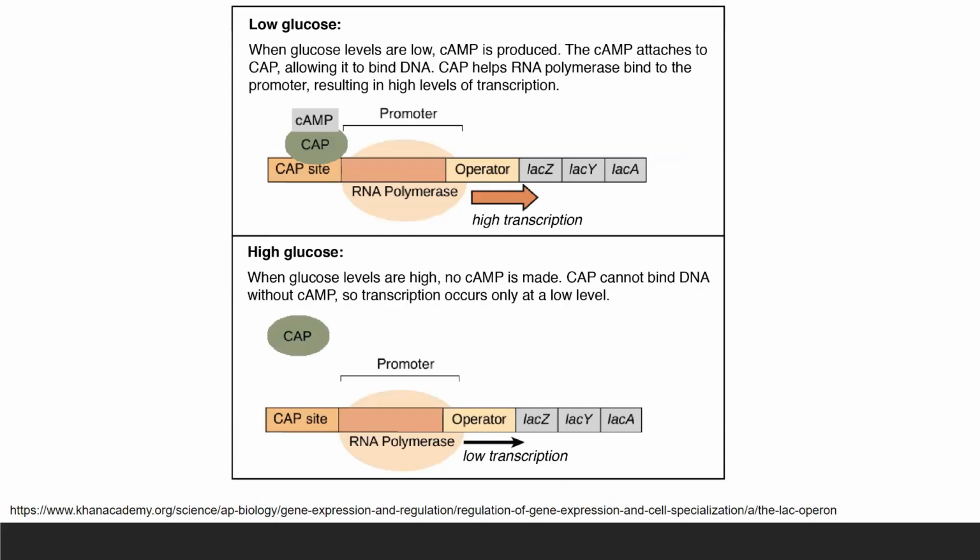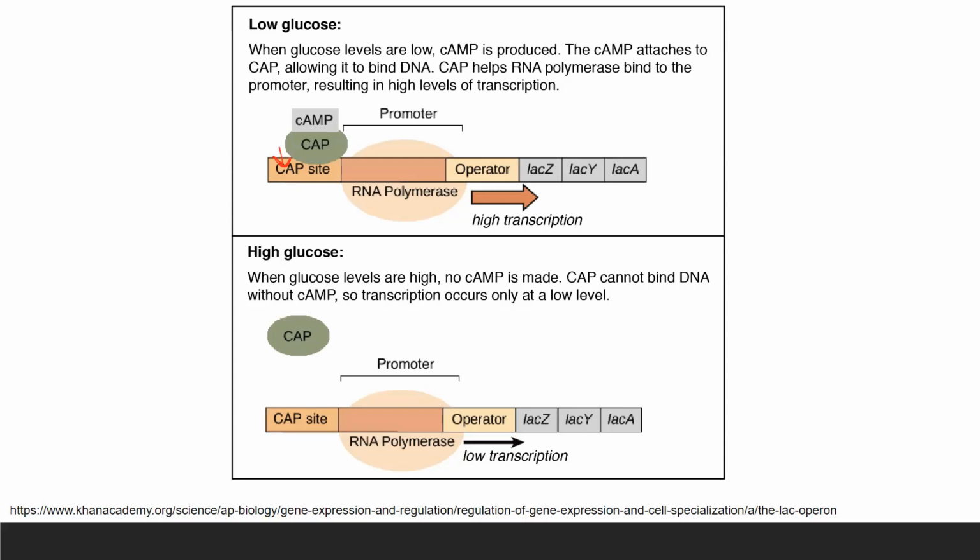The cAMP attaches to CAP and that CAP binds to the CAP binding site, which is upstream of the promoter region for the Lac-operon. And this helps the RNA polymerase to bind to the promoter more frequently and increases the levels of transcription. But when there is high glucose in the media, what happens is that cAMP is not produced.